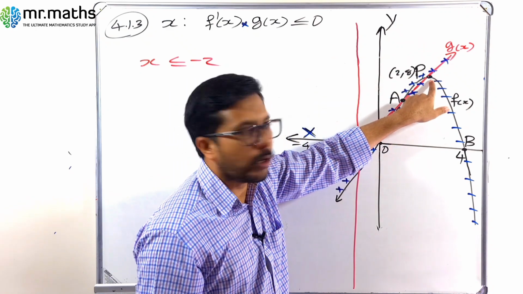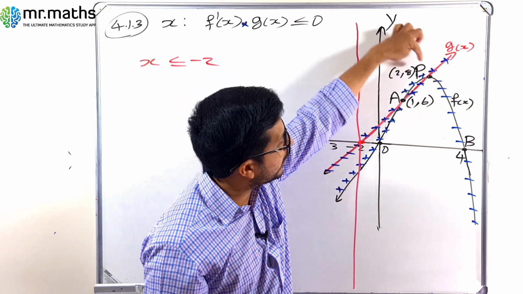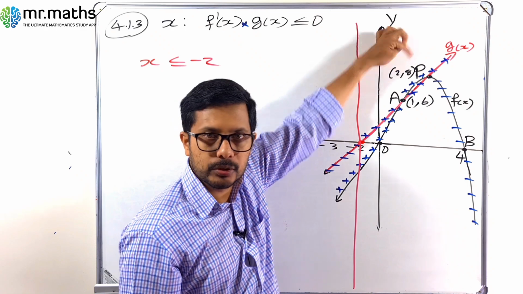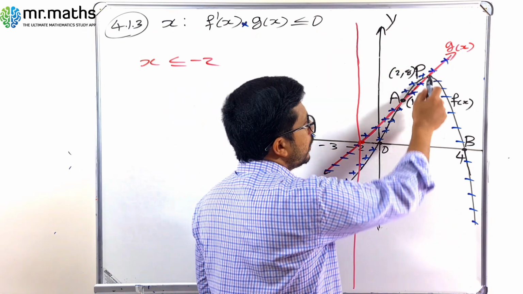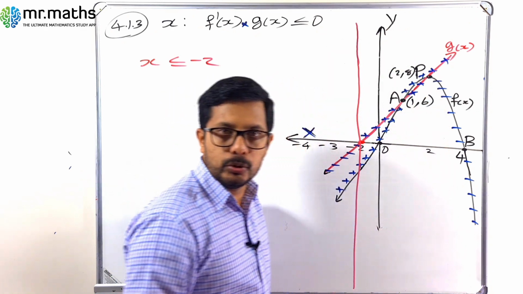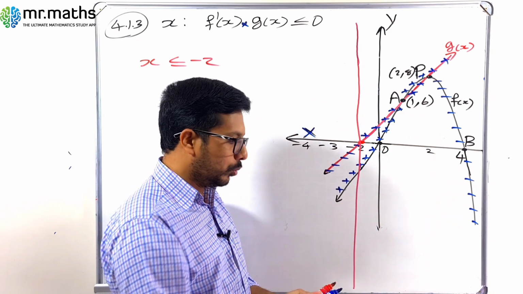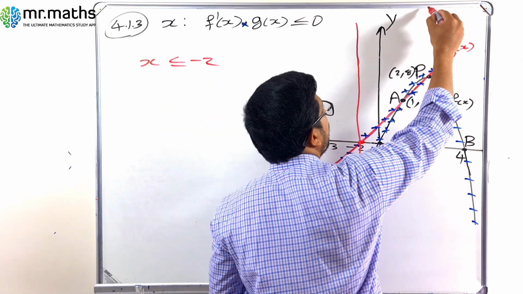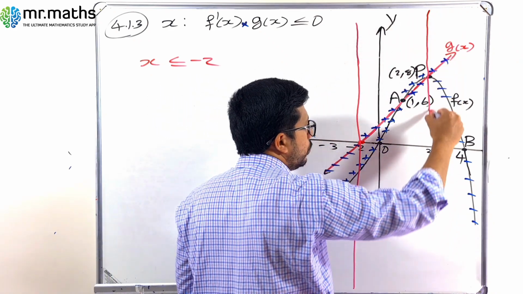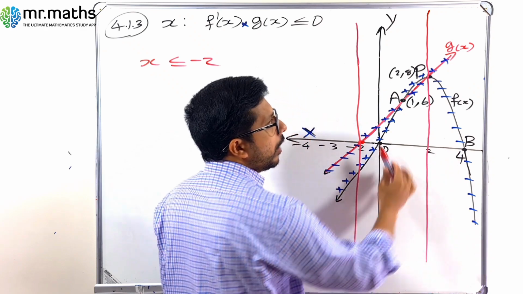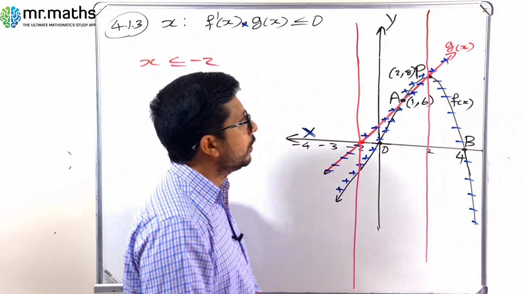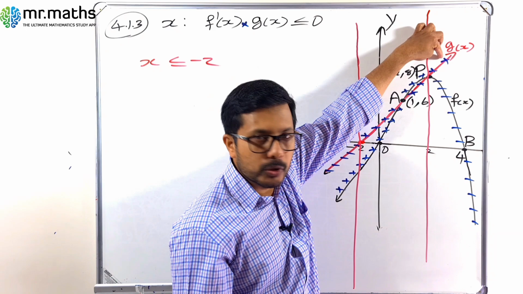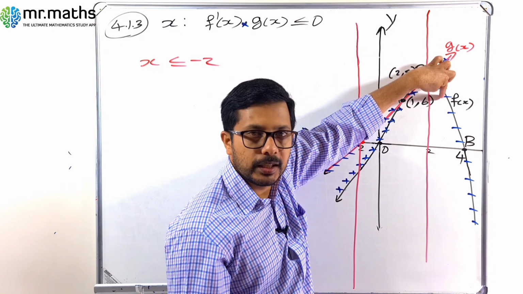At this point, what is the x value? That's the turning point. At the turning point, the x value is 2. Then after that 2, let me draw a line like this passing through that 2. After that 2, what is happening? Look at this one. This is positive, but this one is negative.